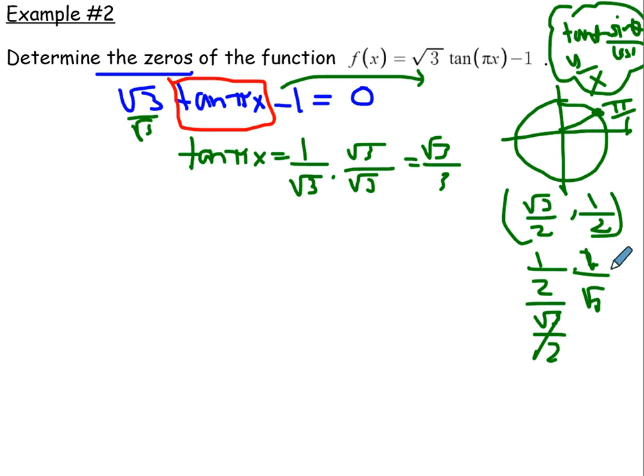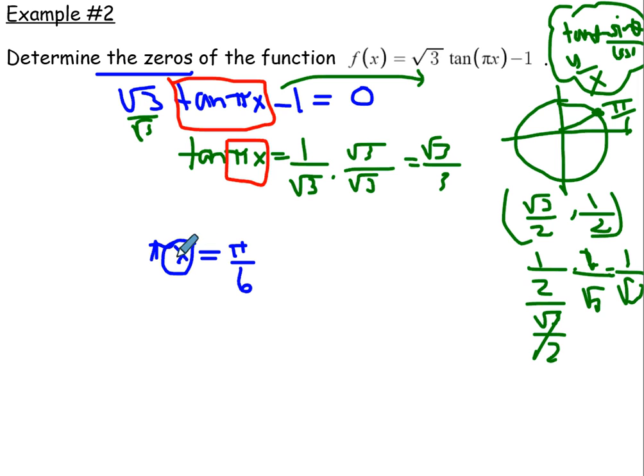So you would get 1 over square root of 3. So that means that your angle is equal to pi over 6. So you could write a new equation, pi x is equal to pi over 6. And then you need to solve for x.